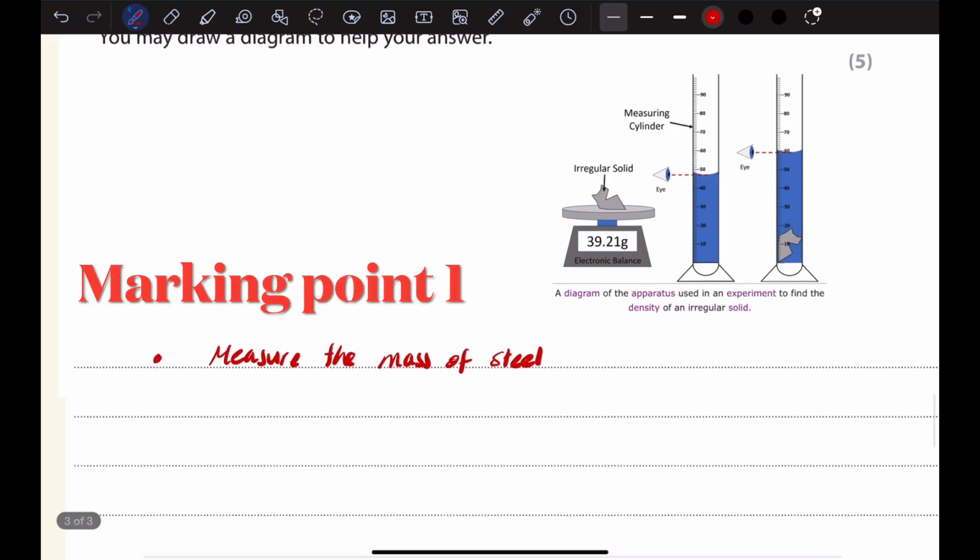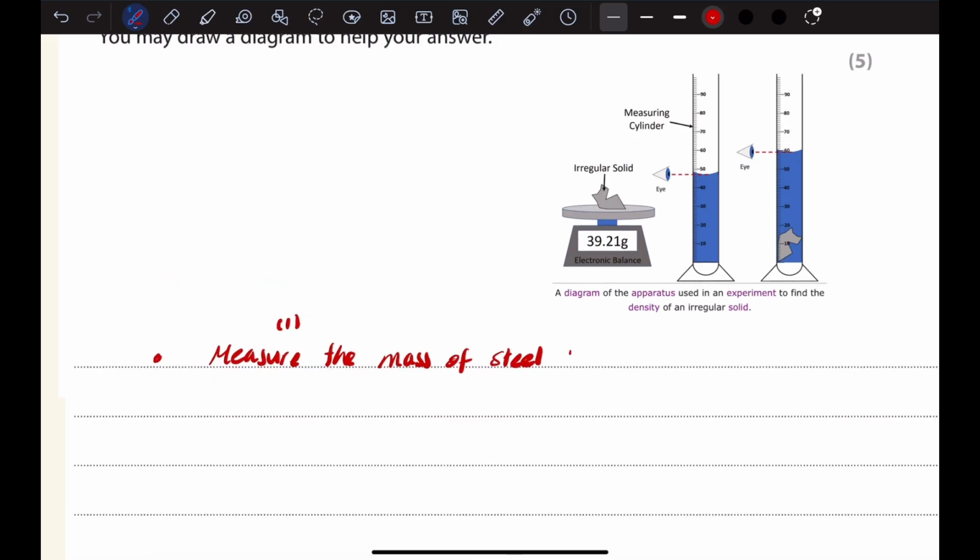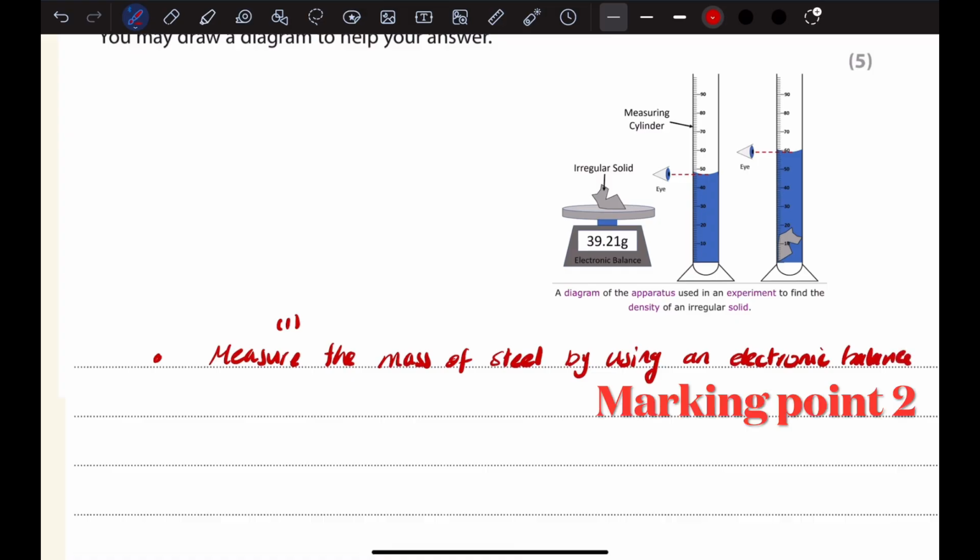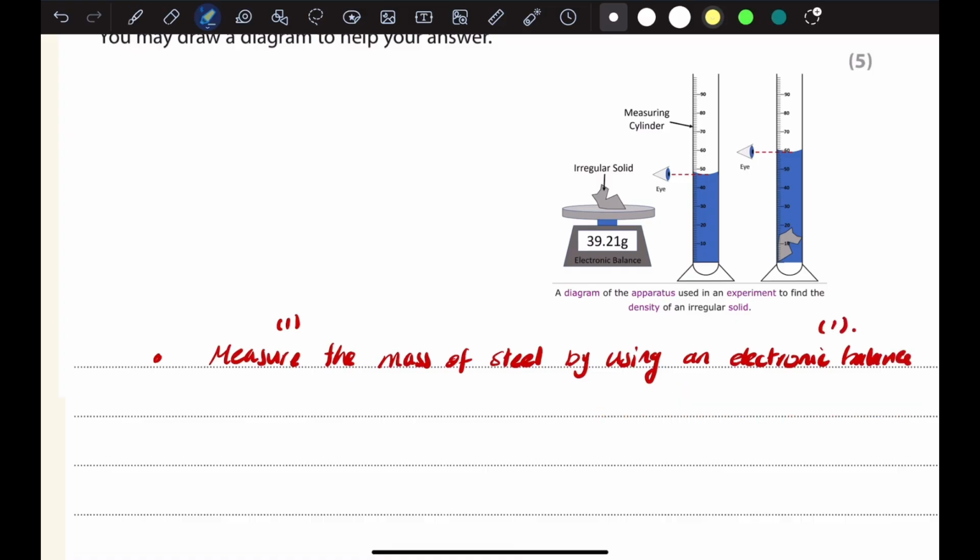I will get 1 mark for this, by using an electronic balance. Here I deserve another mark for these 2 points: I mentioned what I'm going to measure, which is the mass, and the electronic balance, which is the device.